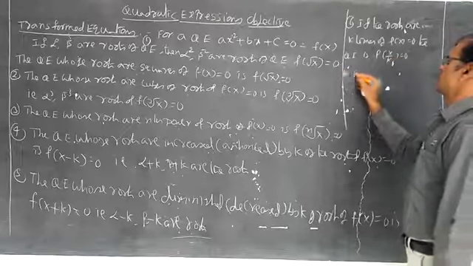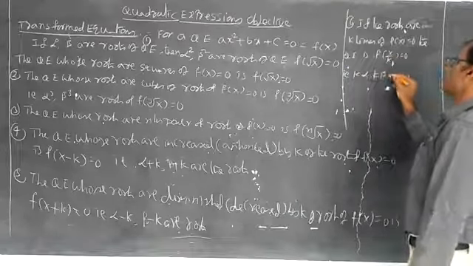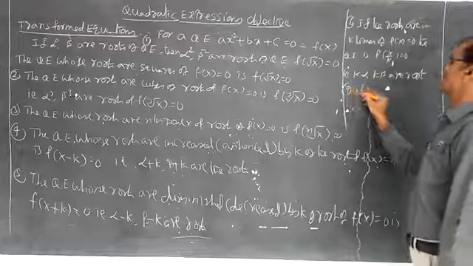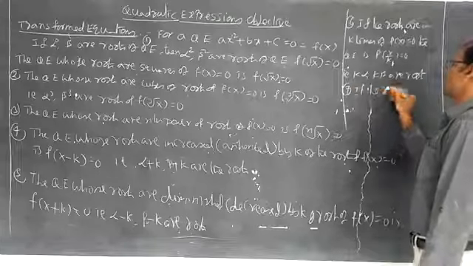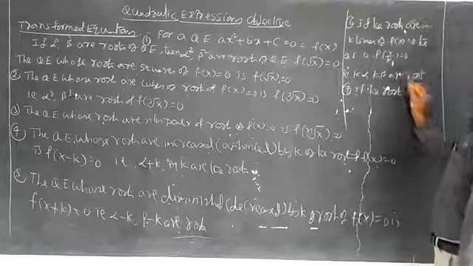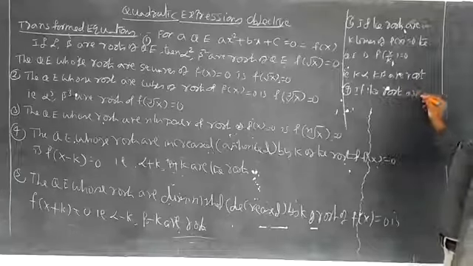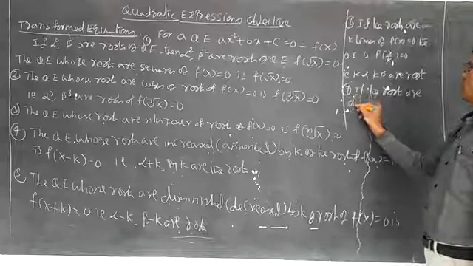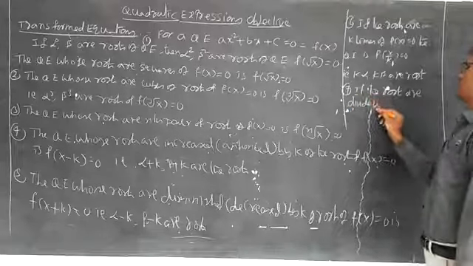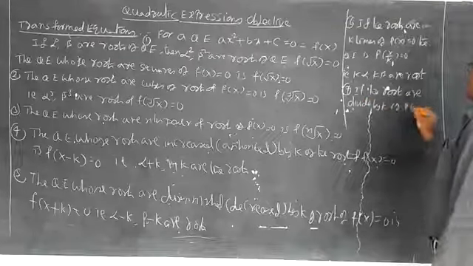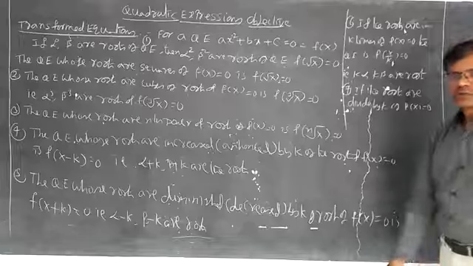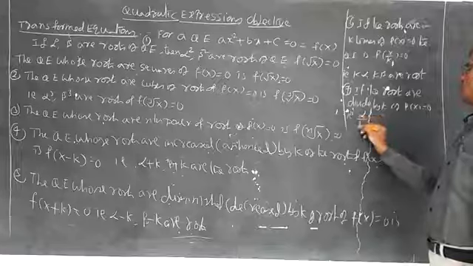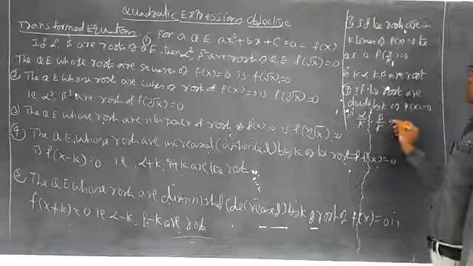That is k alpha, k beta are roots. Next another formula, if the roots are divided by k of f of x equal to 0, that means the kth part, that is alpha by k, beta by k are roots.